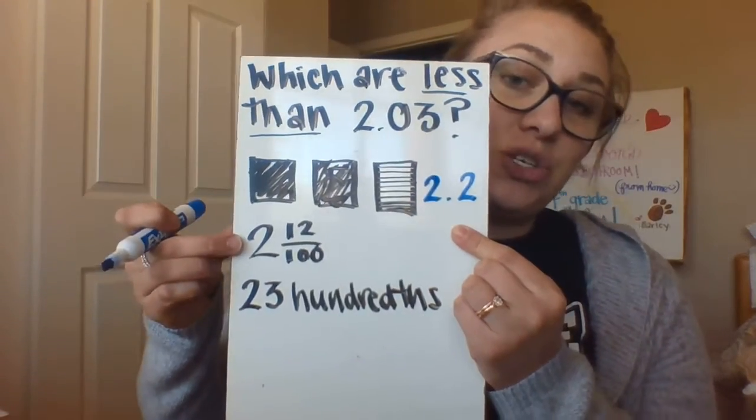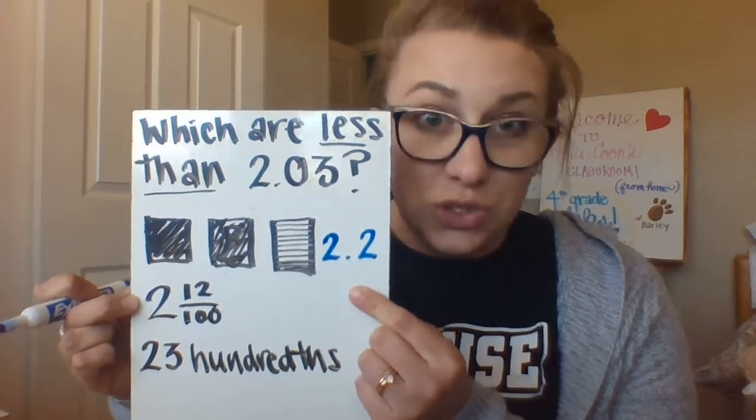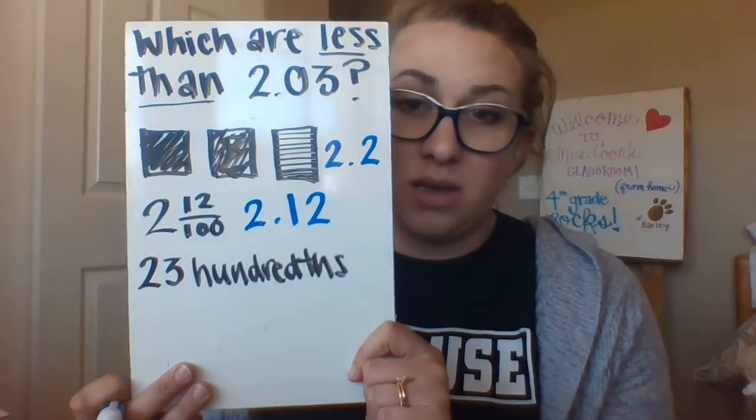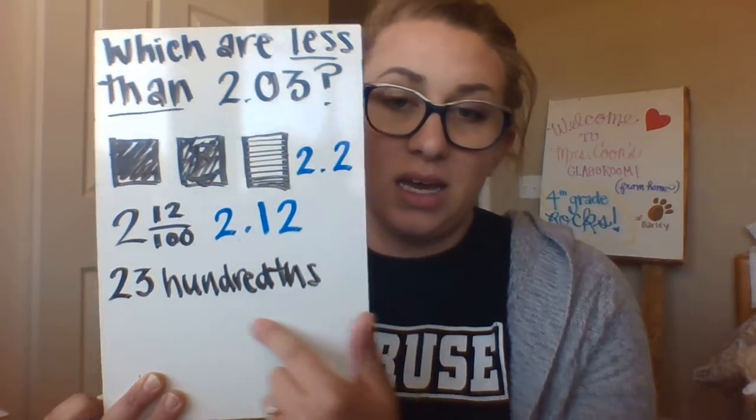Next one, this says as a mixed number, a fraction is 2 12 hundredths. How would I write that as a decimal? 2.12. The next one says 23 hundredths. Now, how am I going to write that as a decimal?